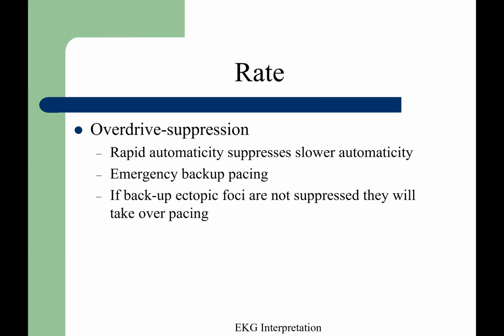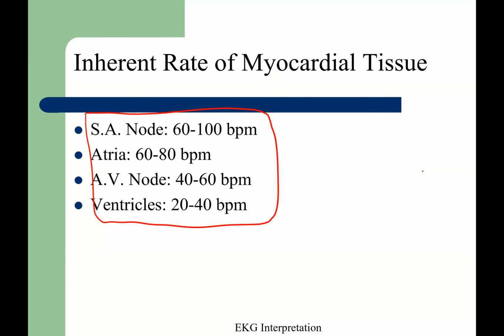All right. So what we just finished talking about with these other cells and their ability to fire is this idea of overdrive suppression, where rapid automaticity suppresses the lower. When the sinus node is on, it will not allow these other ones to turn on. So as the sinus node fires, it suppresses the atrial, junctional, and ventricular cells from firing.